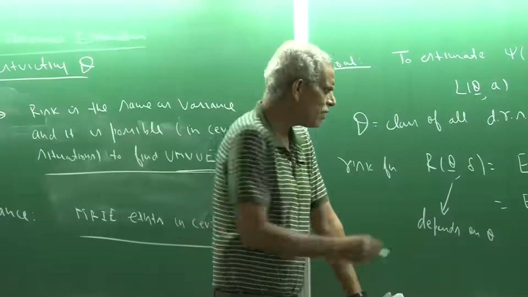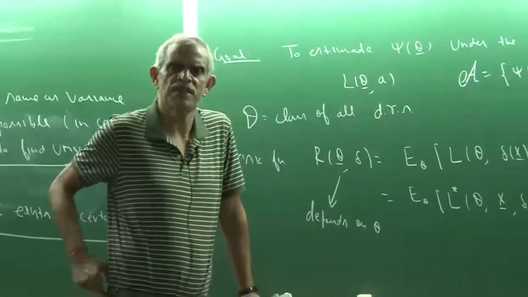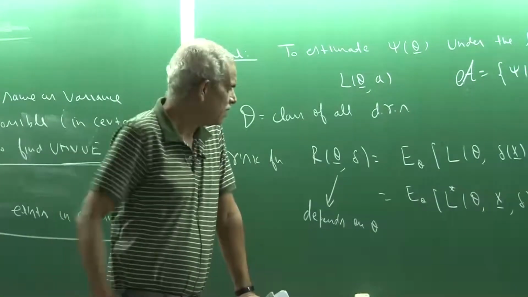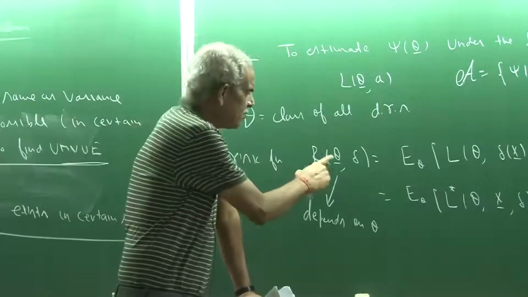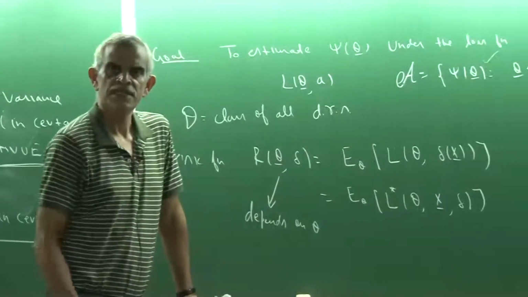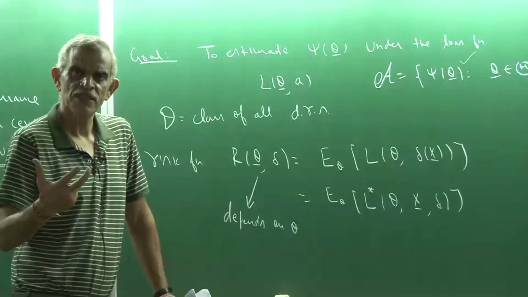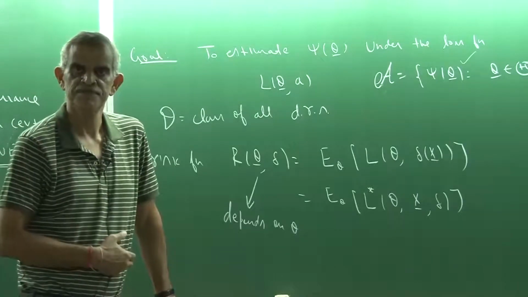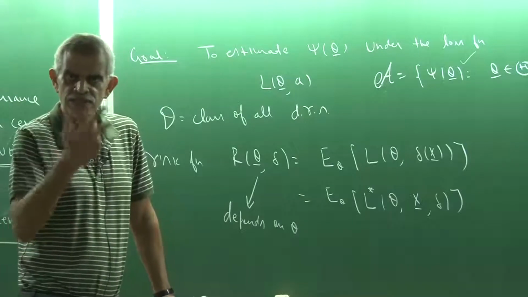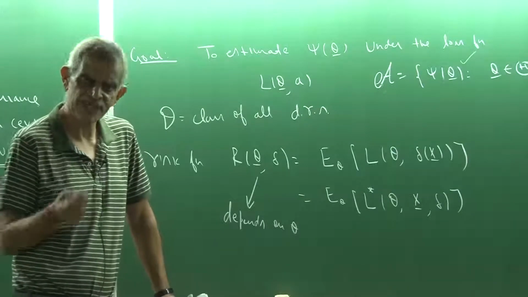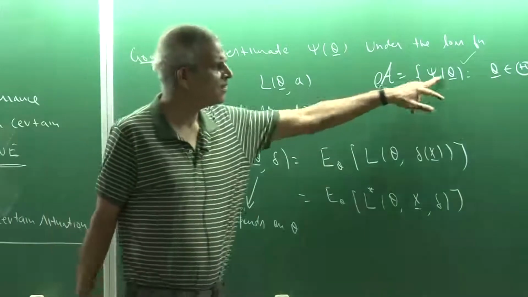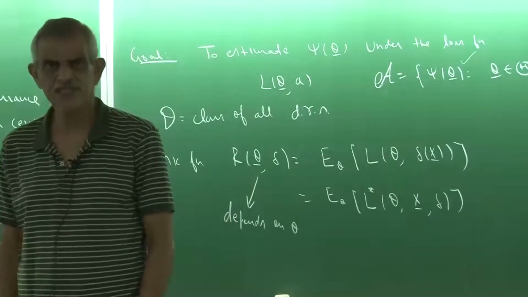Now, I explained to you before, a statistical decision problem can be considered as a game between a statistician and a nature. Nature is unknown, which is basically this theta or this psi theta. The statistician is trying to guess what is the true state of nature. And how does he do that? He tries to conduct some experiment, obtain certain data, and based on that data, he tries to guess the true state of nature.